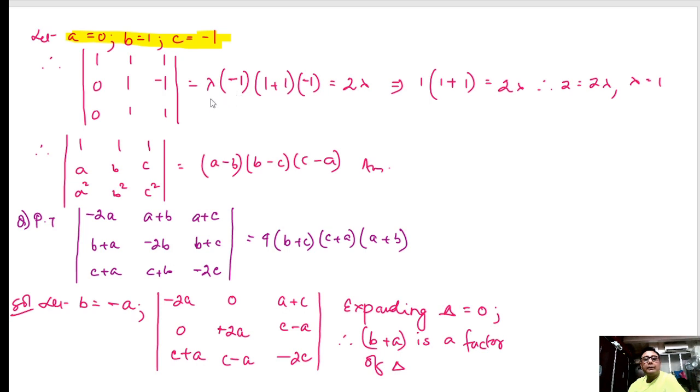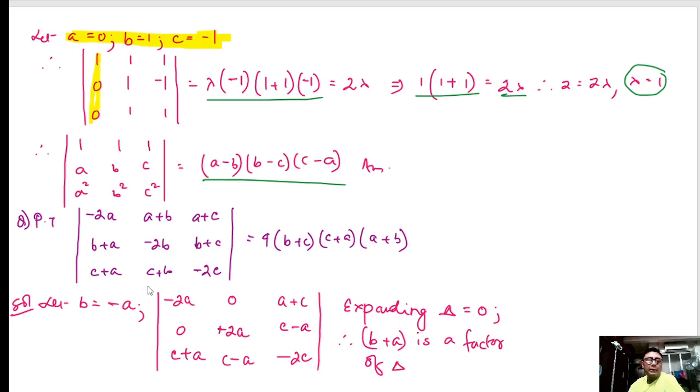And in those factor parts also put the values of A, B and C. So expanding along the first column, we are getting this part, and on the right side we are getting 2 lambda. So lambda is equal to 1. That means the answer of this determinant will be this. Lambda is taken as 1. Clear? Similarly, prove that this equals this.